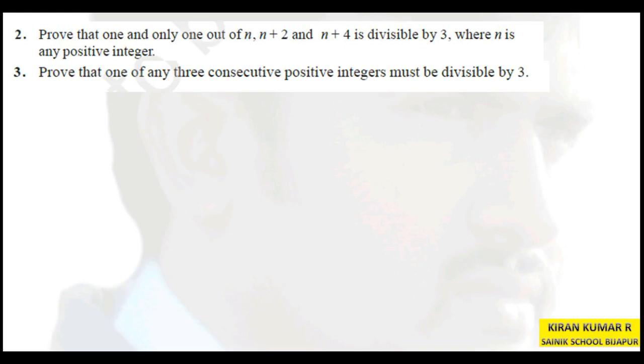In the second question, we are asked to prove that one and only one out of n, n plus 2, n plus 4 is divisible by 3, where n is any positive integer. In the third question, we need to prove that one of 3 consecutive positive integers must be divisible by 3.